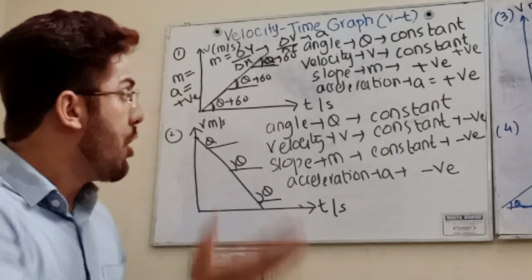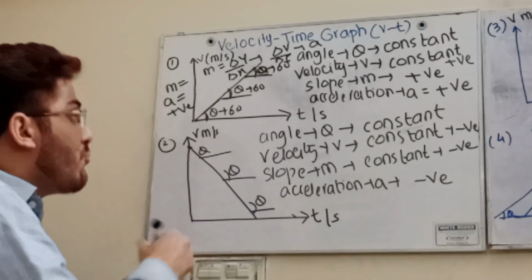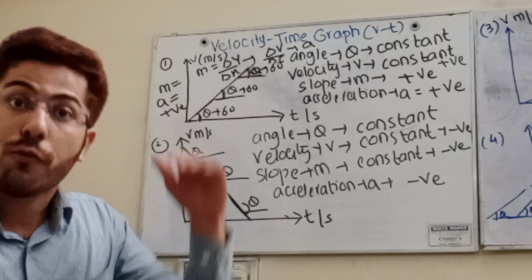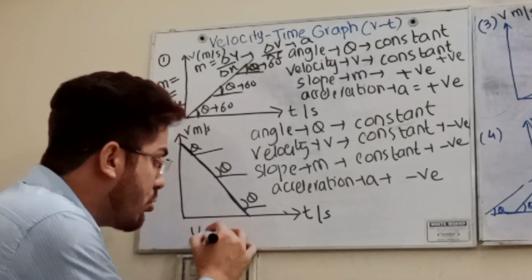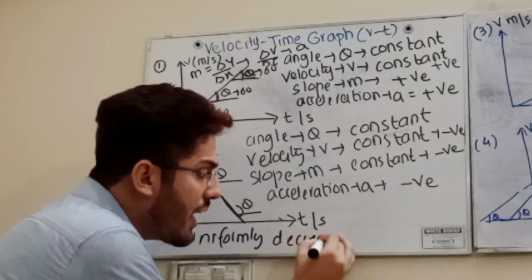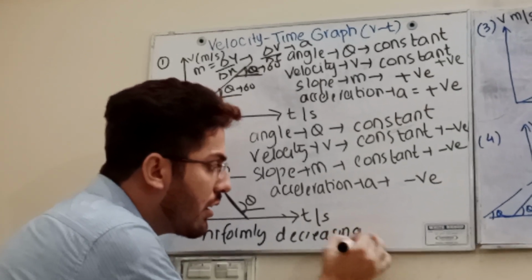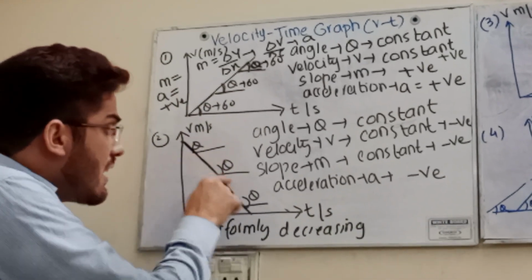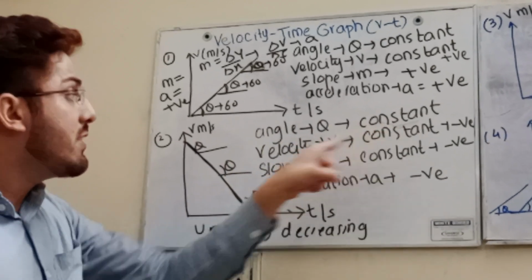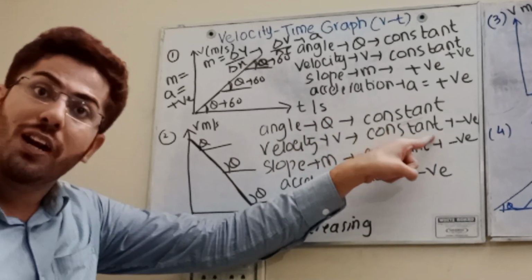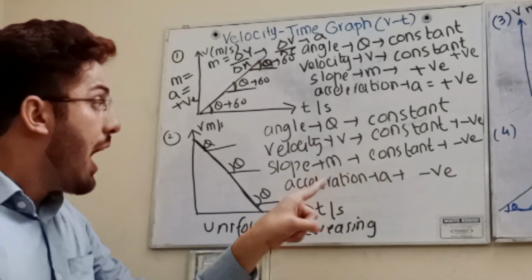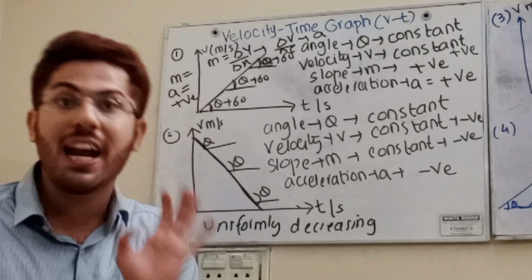Simple, so easy. Now here, similarly, if the graph is uniformly decreasing, okay, uniformly decreasing, okay, now angle again is not changing, number one thing, but you can see velocity remains negative. Velocity will get negative, okay, and slope is definitely negative, and definitely acceleration will get negative.